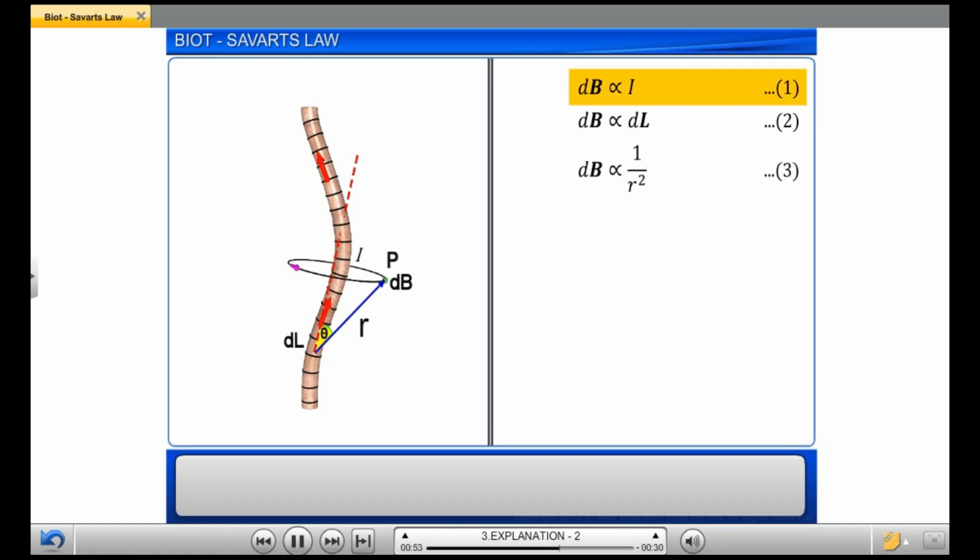Combining equations 1, 2, and 3, we get dB proportional to I dl by r square. If we express it in vector notation, we get the magnetic induction dB proportional to I dl cross r by r cube.